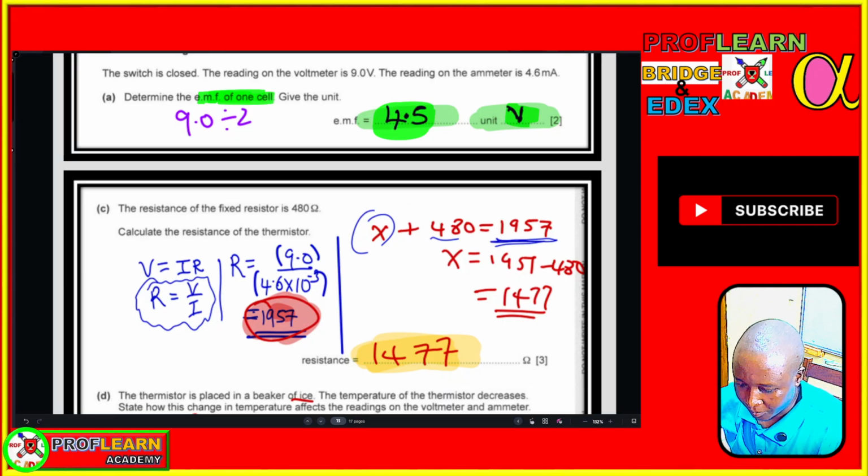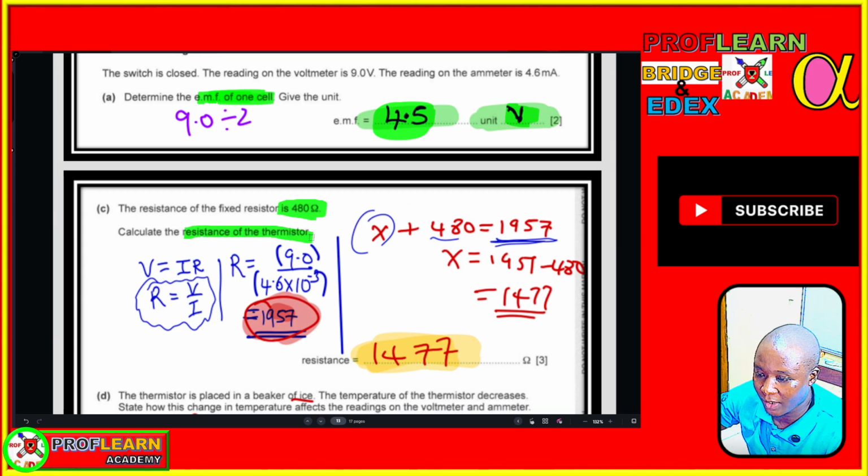Then part C. Now we are told that the resistance of the fixed resistor is 480. Calculate the resistance of the thermistor. So the first thing you are supposed to do in such a question is to work out the total resistance in the circuit. And how are you going to work it out? From Ohm's law, total resistance is total voltage over total current.